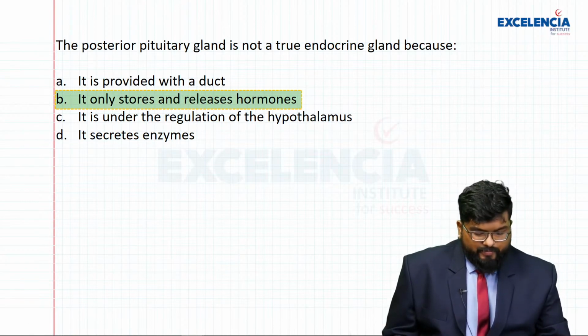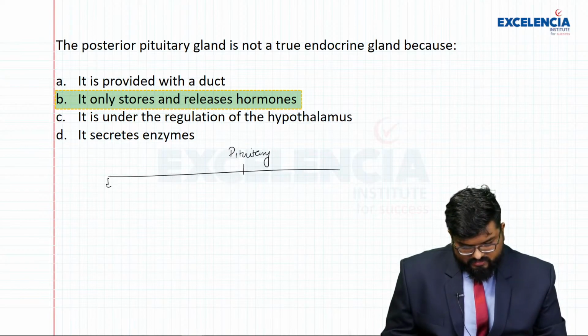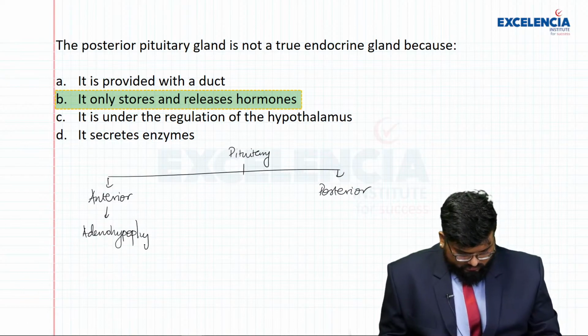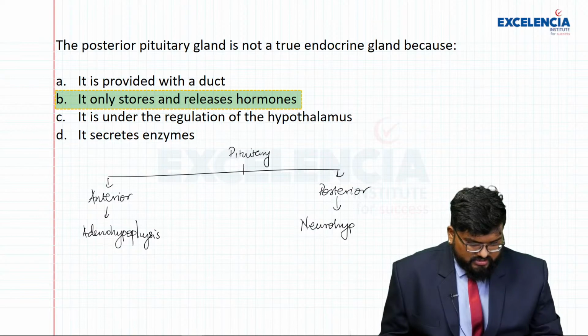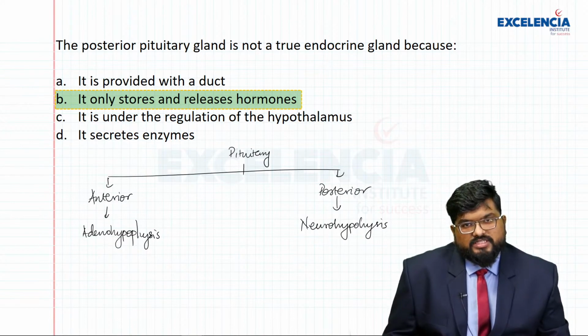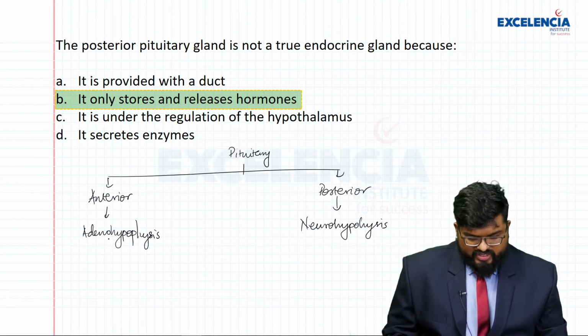Because the pituitary gland has two parts, the anterior part, known as adenohypophysis, and the posterior part, known as neurohypophysis.